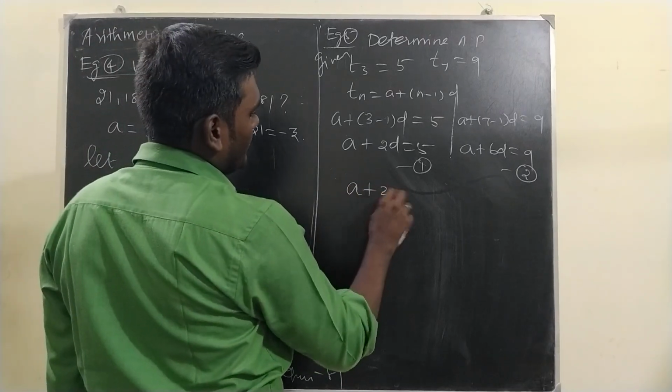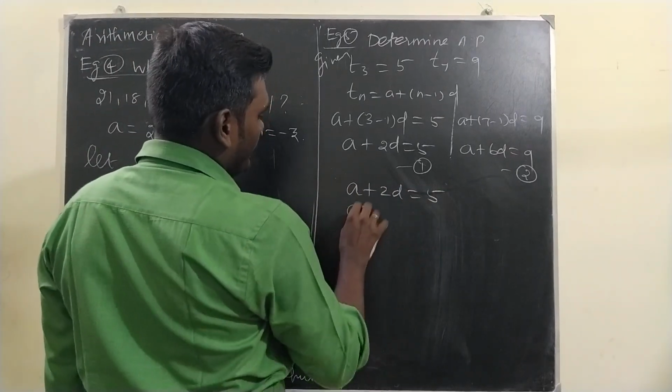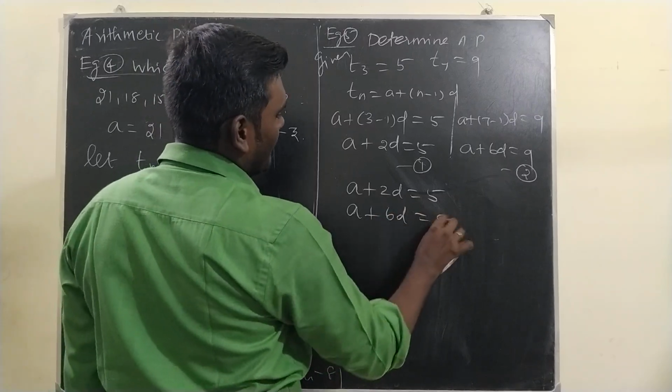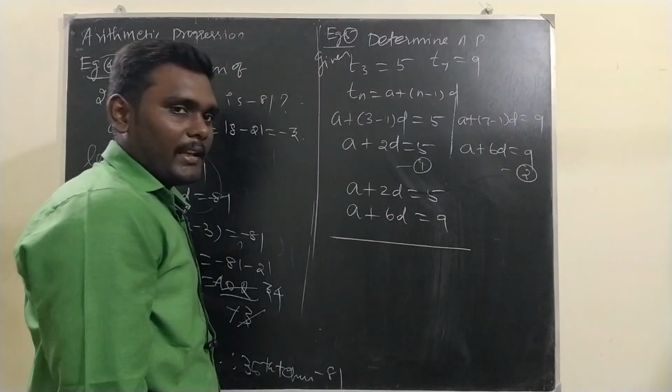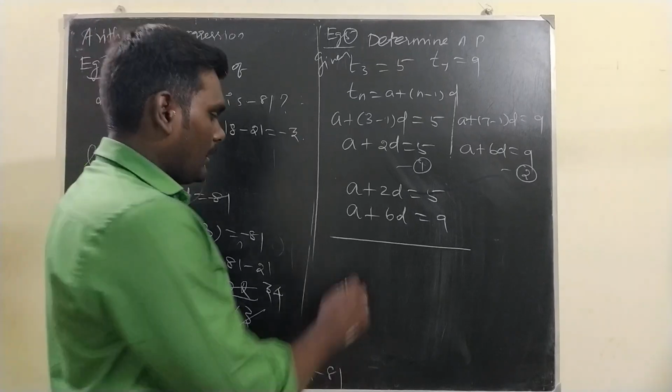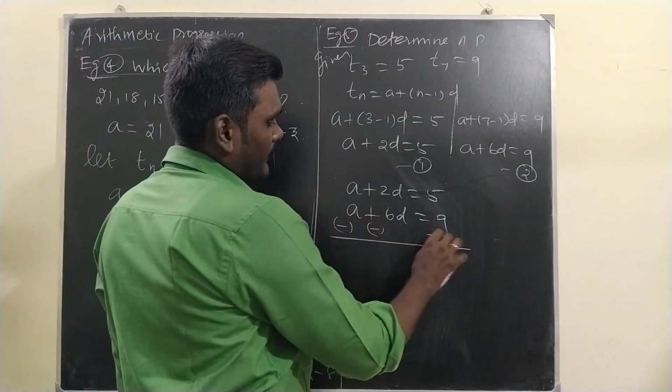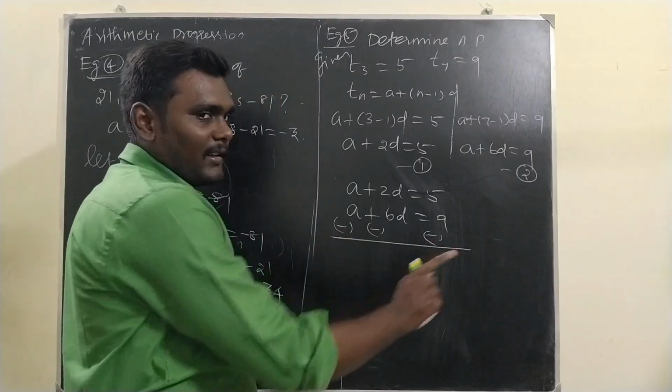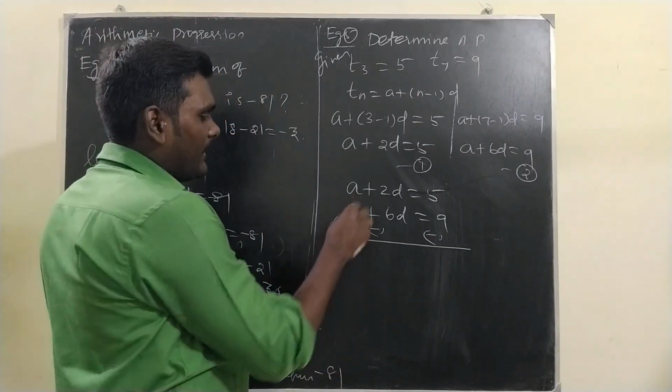So A plus 2D equals 5, A plus 6D equals 9. Am I adding or subtracting? Subtract, then change the sign. Minus, minus, minus. Only the changed sign is valid. So A minus A is 0.